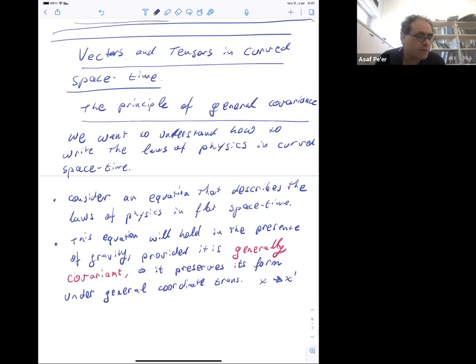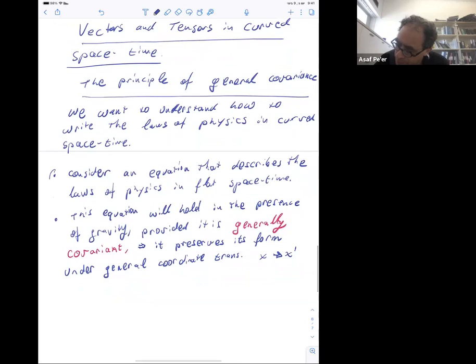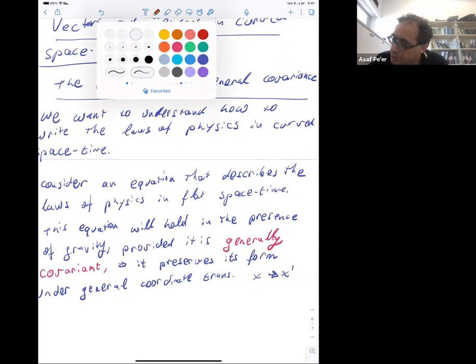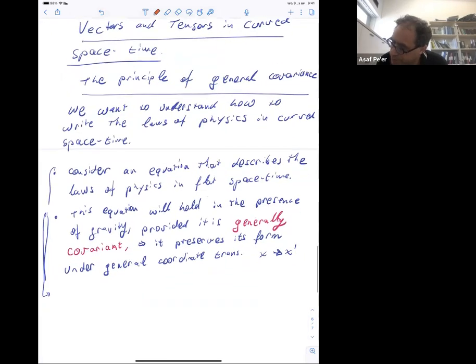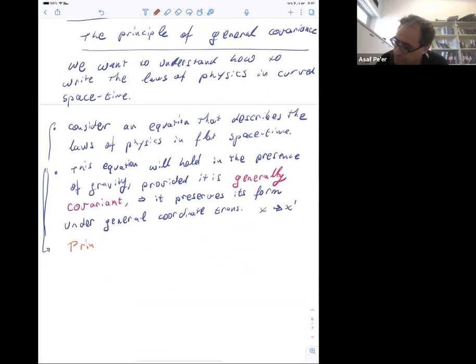These two together are known as the principle of general covariance.